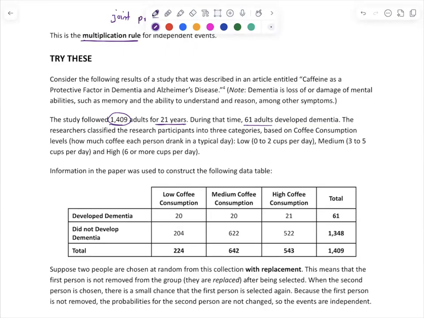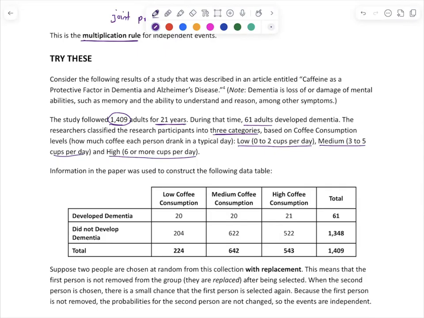The researchers classified the research participants into 3 categories based on their caffeine consumption. So low consumption is 0 to 2 cups per day. Medium consumption is 3 to 5 cups per day. High consumption is 6 or more cups per day.